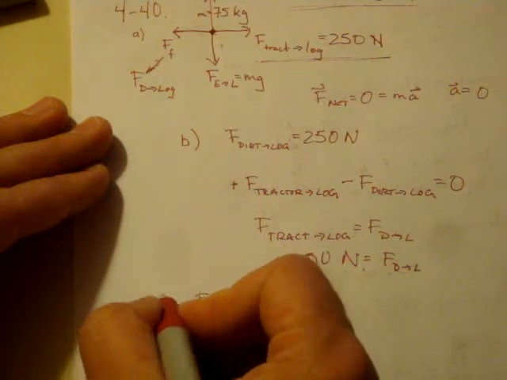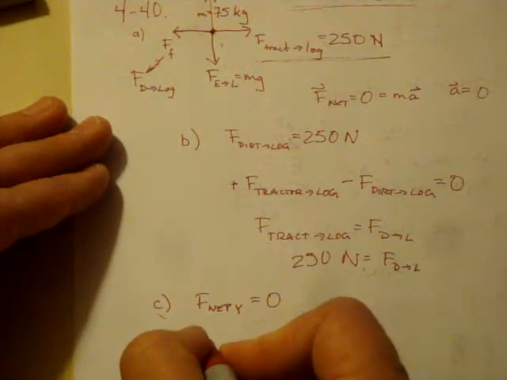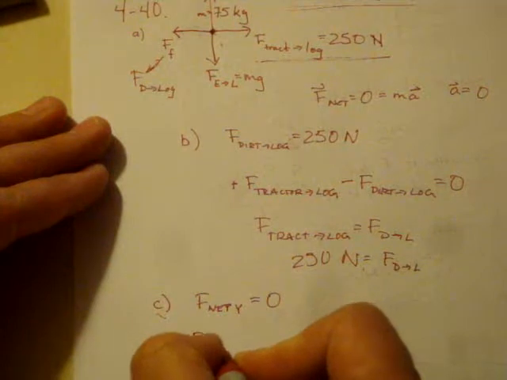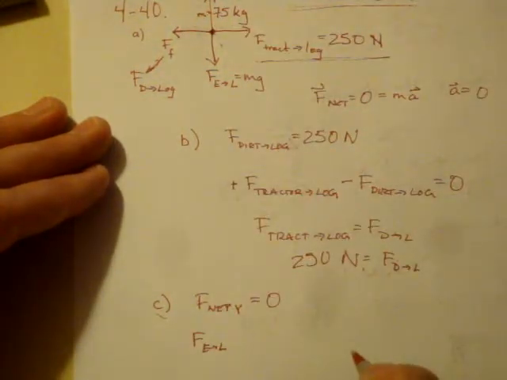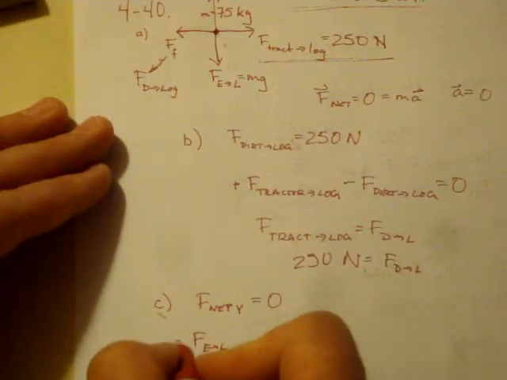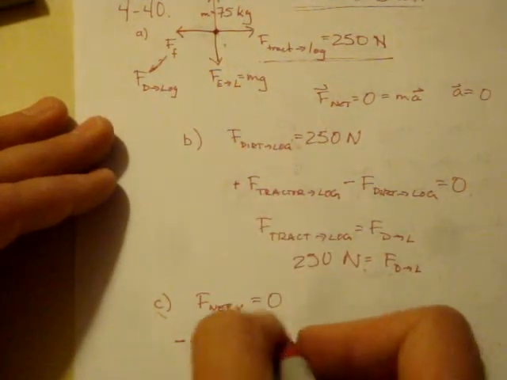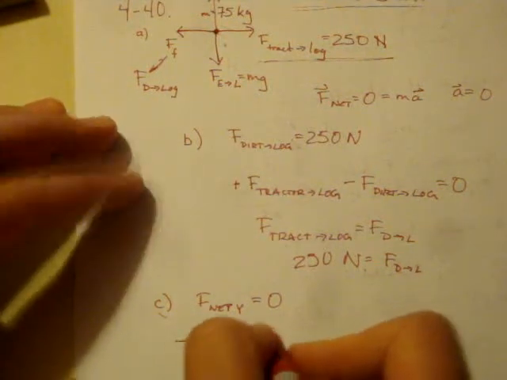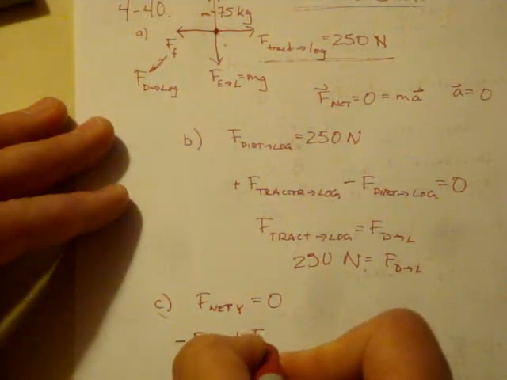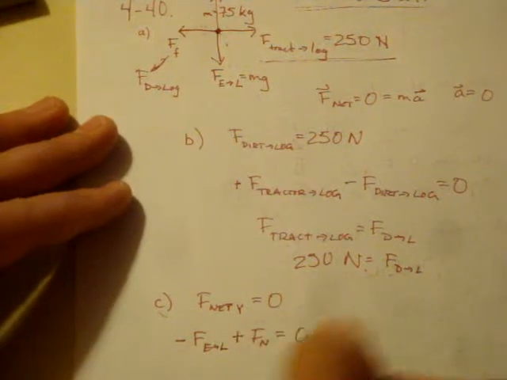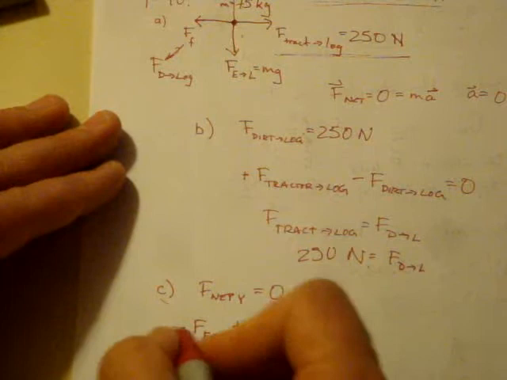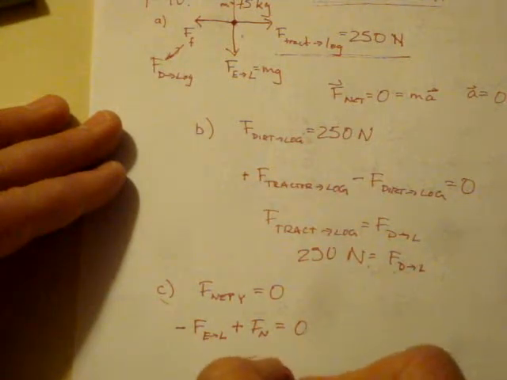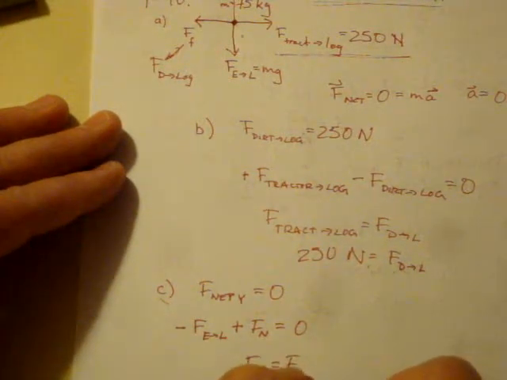And so the force of the earth on the log, that's the weight, and let's call up positive in this case, so this would actually be a negative value that's pointing down, plus the normal force is equal to 0. Again, we're going to solve for the normal force. So adding the force of the earth on the log to both sides lets us know that the normal force is equal to a positive value of the force of the earth on the log.